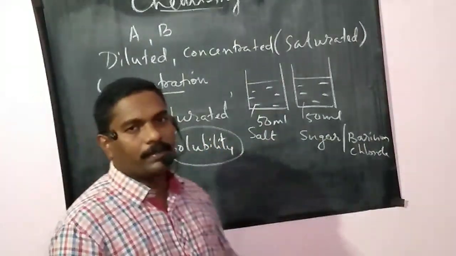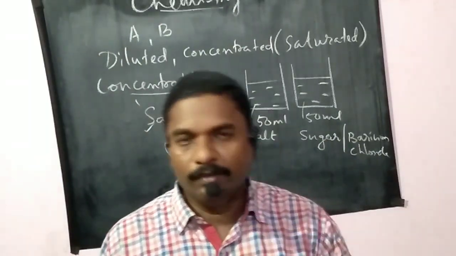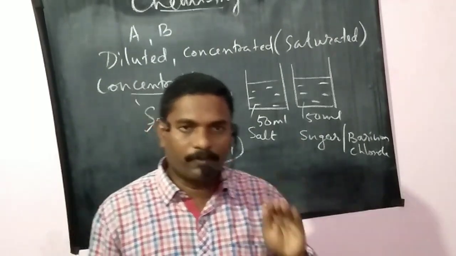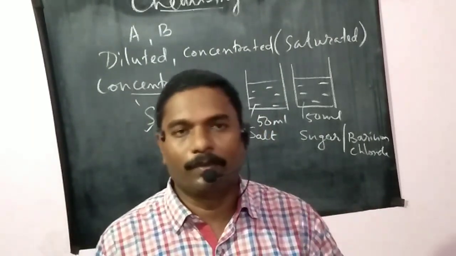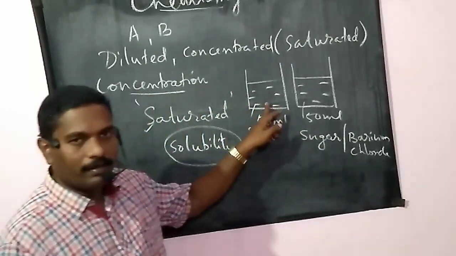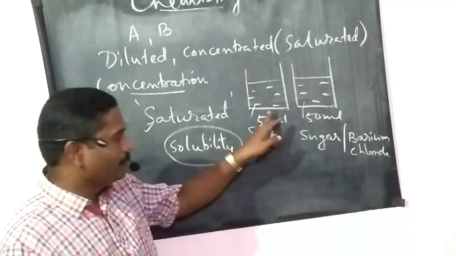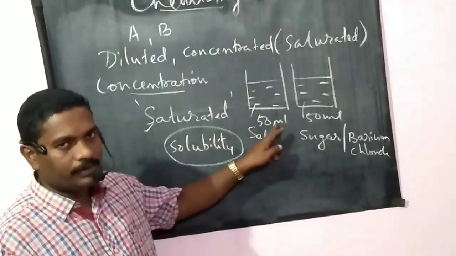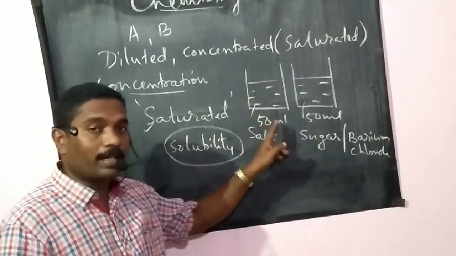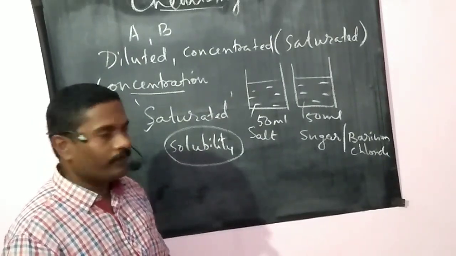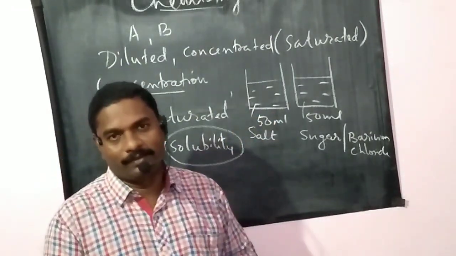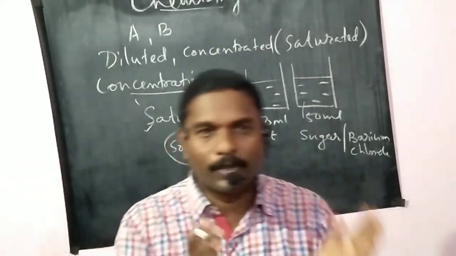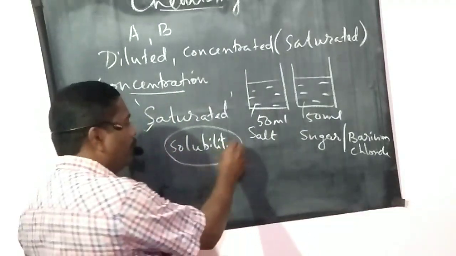So solubility means, as we know, while dissolving solute in a specified amount of solvent, by adding one spoon of salt or sugar, it will dissolve very easily. By adding more and more, it may take more time. That is, it has a capacity to dissolve a maximum amount of solute, and that capacity is called solubility.